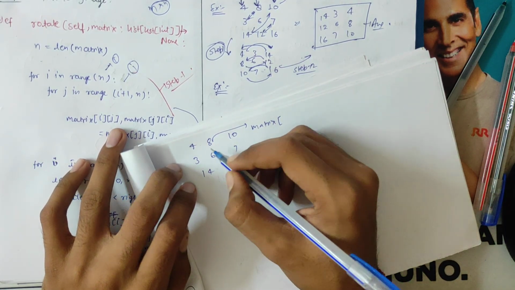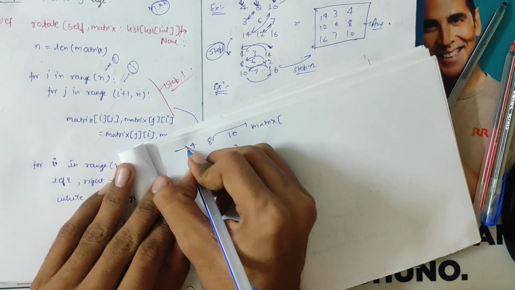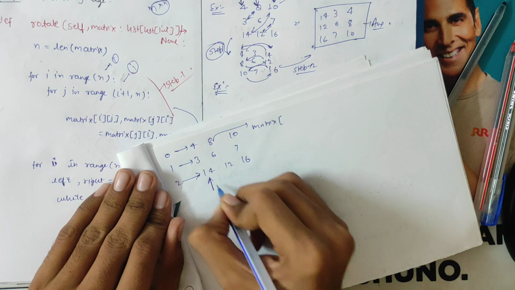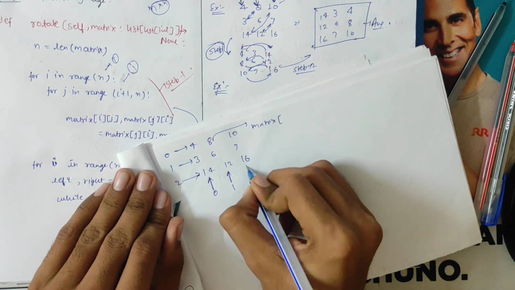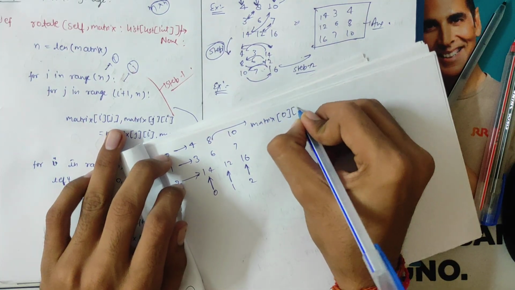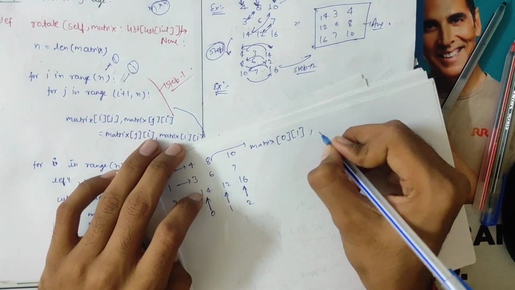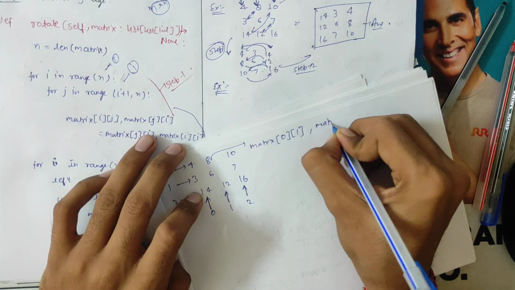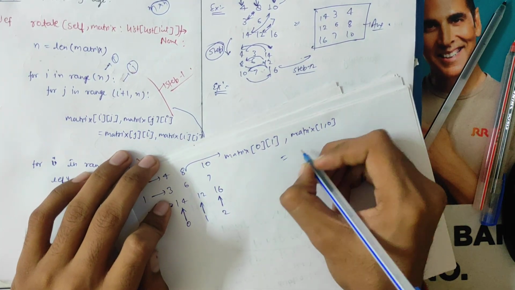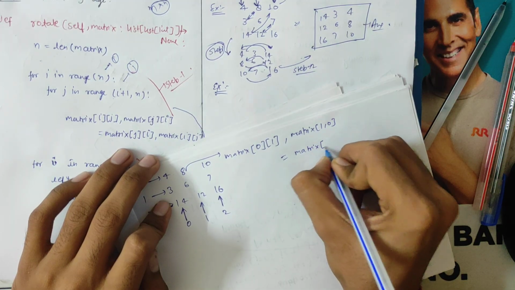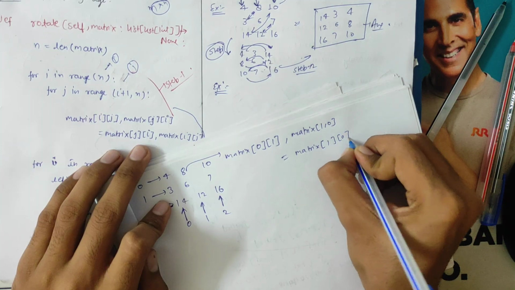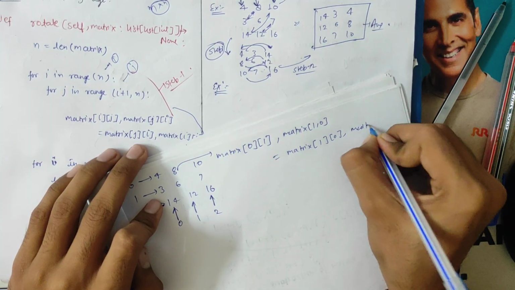I is 0, which is the 0th row, then the first row, the second row, and similarly the 0th column, the first column, the second column. So matrix[0][1] and matrix[1][0] will be swapped.